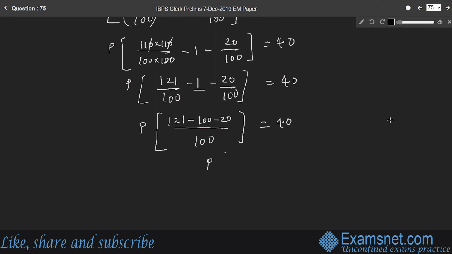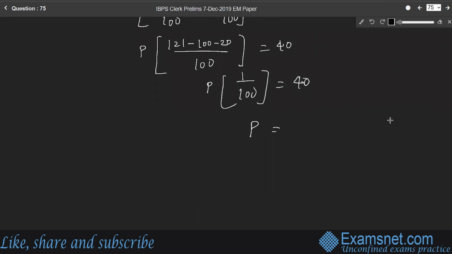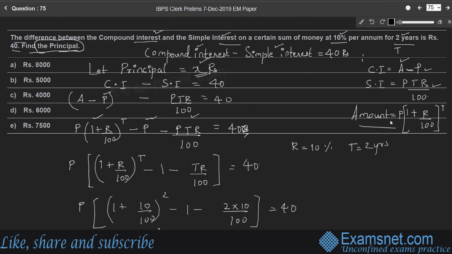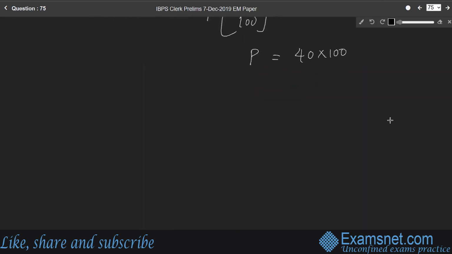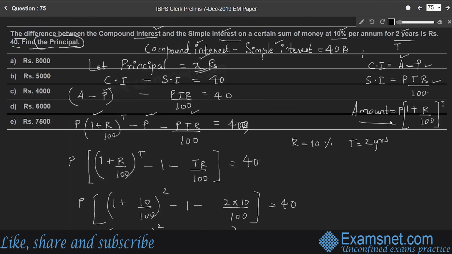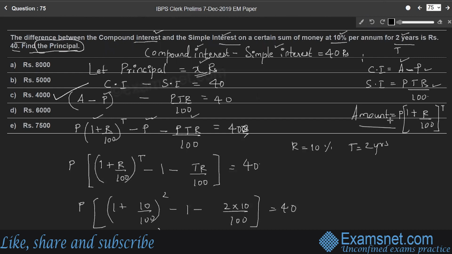So 121 minus 120 is 1, P into 1 by 100 is equal to 40. So principal becomes 40 into 100, which is 4,000 rupees. Therefore, principal is 4,000 rupees, option C.